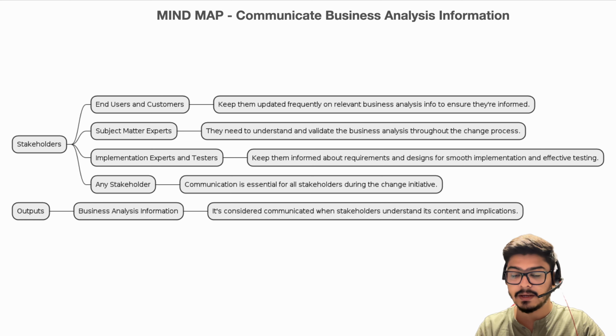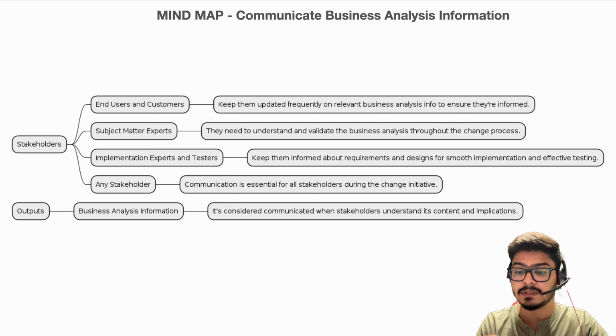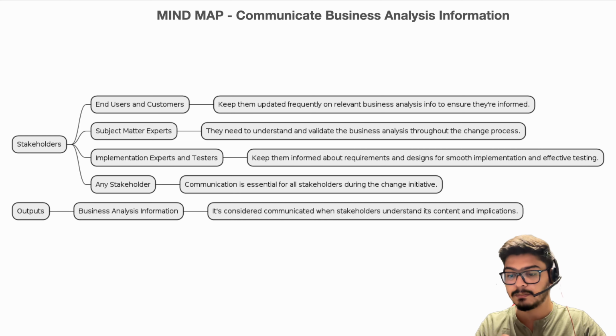Implementation subject matter experts and testers are definitely the ones you need to inform of any changes about requirements or design, because they are the ones who are going to make those implementations, like developers and testers. Then any stakeholders: any change you are making might be relevant to anyone who is directly or indirectly related to this project, and they need to be communicated with because they are dependent on this project.